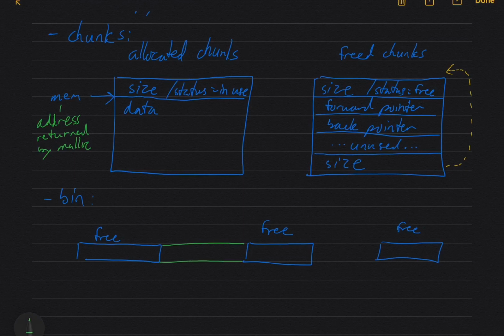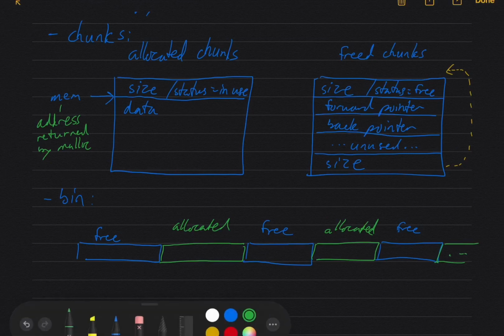I'll do those in a different color. And so on. Each of these is a chunk. If you look at the structure that I showed you for the free chunk, it has size information at the start, and then it's got two pointers.